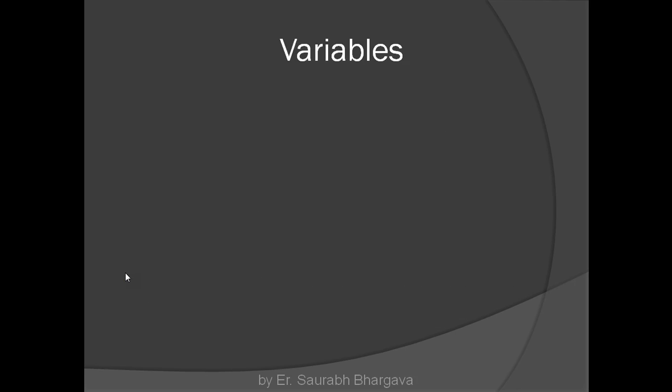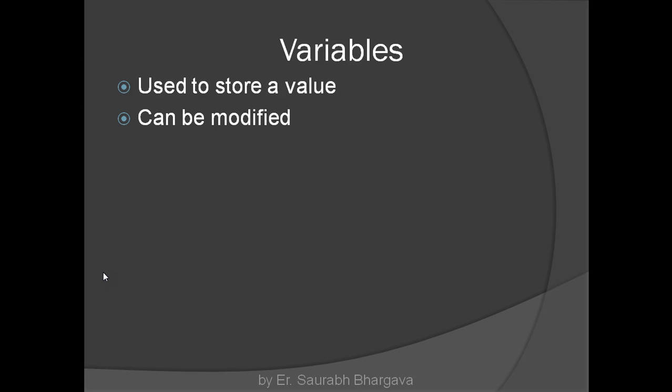Now the variables. Variables are used to store values. Variables can be modified in the program. Examples are sum, result, etc. If we want to create a program for some calculations, then we create some variables like sum and result.